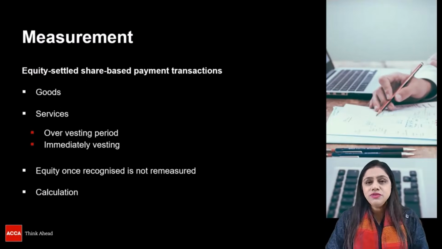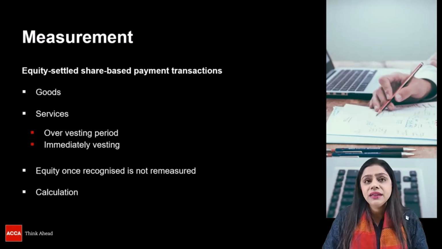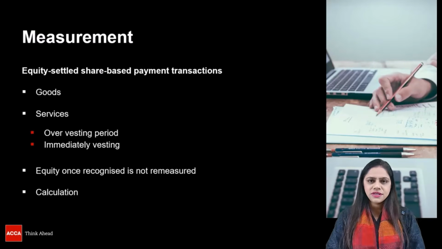So when we talk about the measurement criteria, we need to identify, we saw the double entry, but at what value are we going to pass this double entry? So here comes the measurement criteria for equity settled share-based payment transactions.